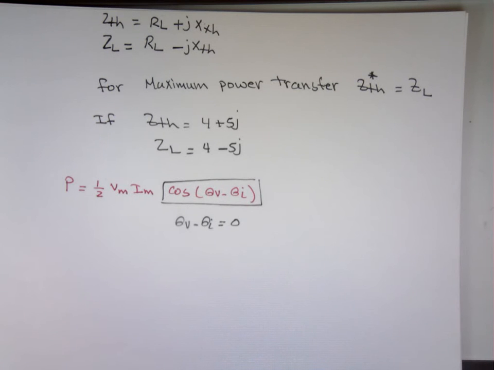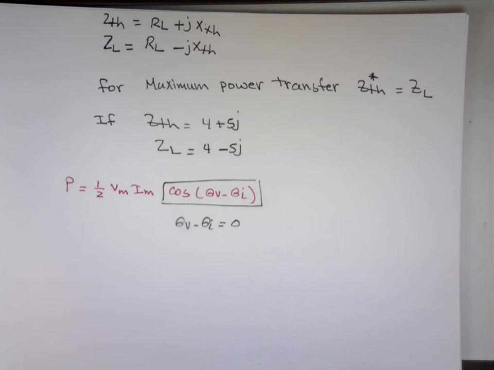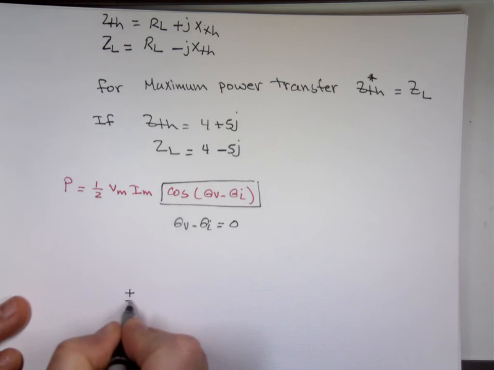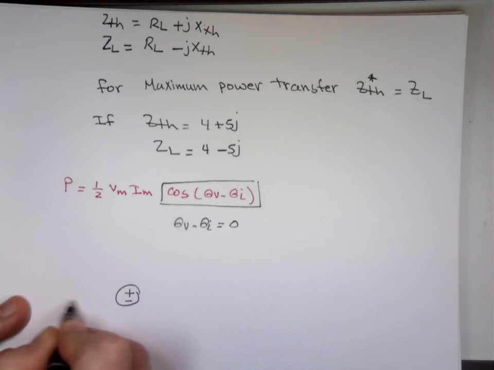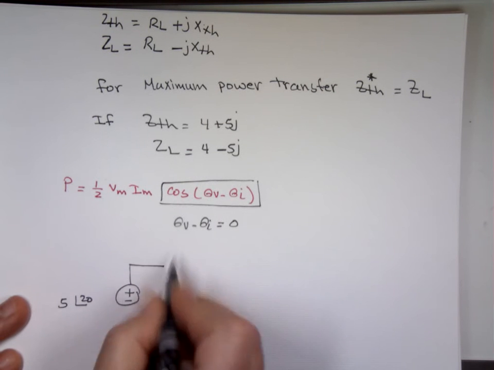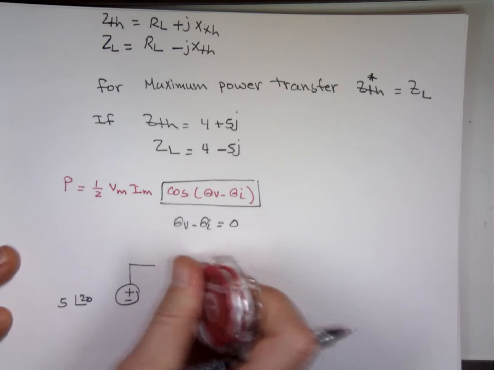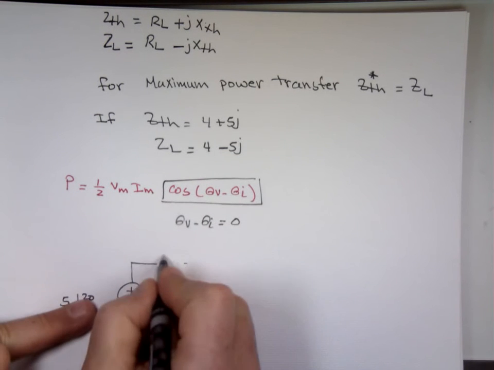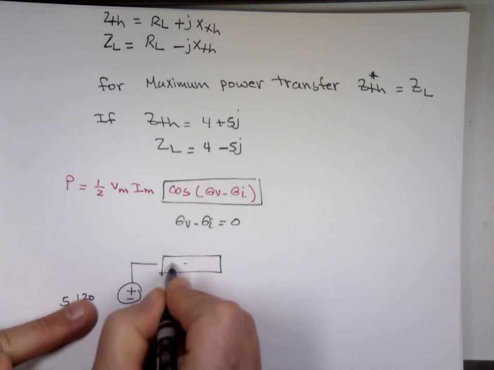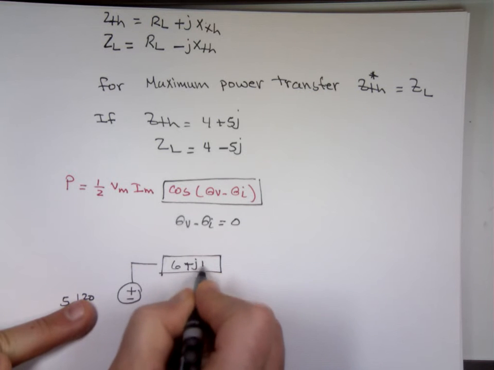Well, what happens when one is the conjugate of the other? Let's take this source, for example, of 5 angle 20. And let's put in just a value here of 6 plus J10.